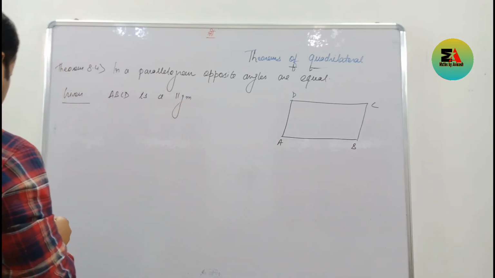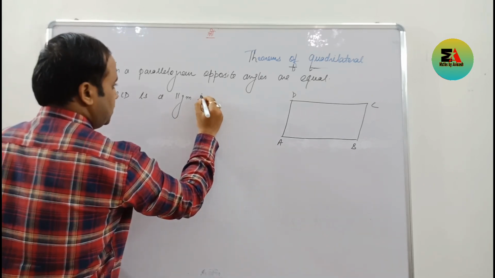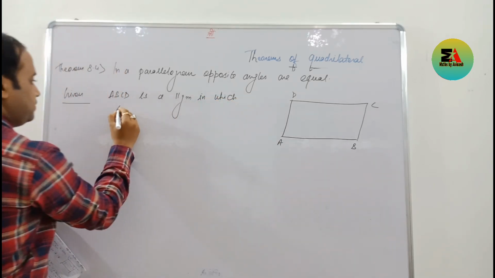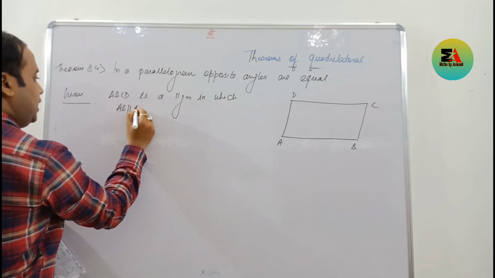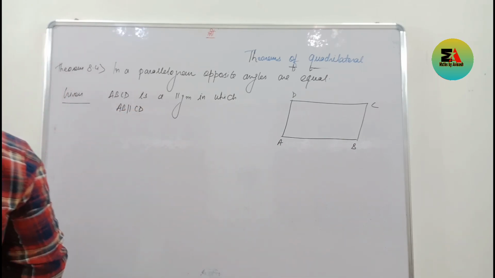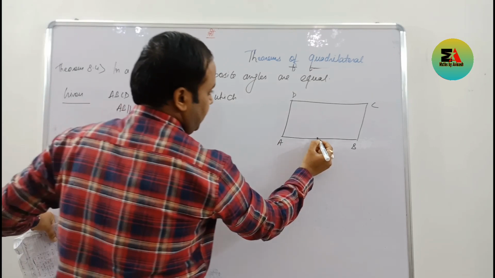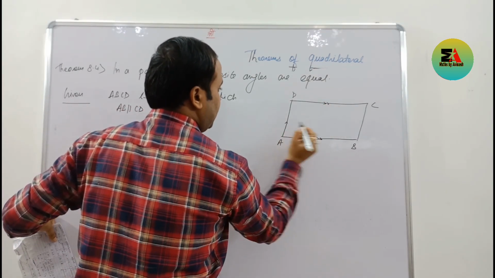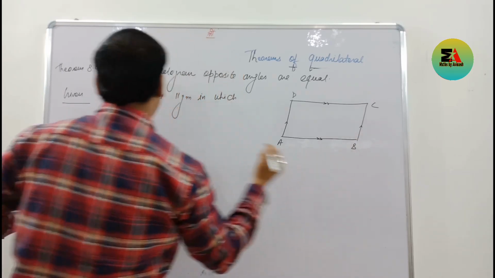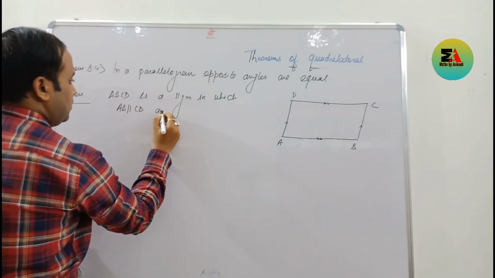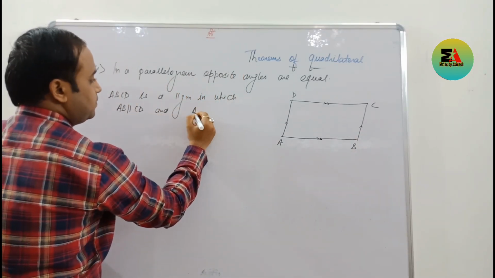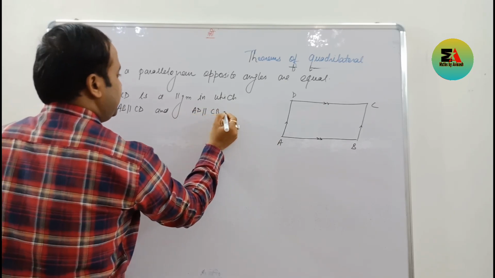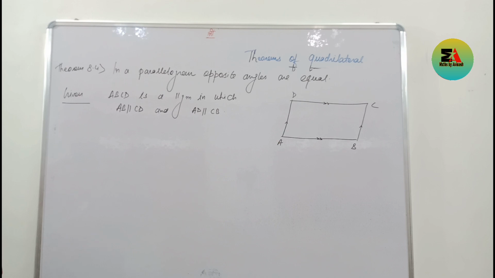We know that in a parallelogram AB is parallel to CD, and AD is parallel to BC.